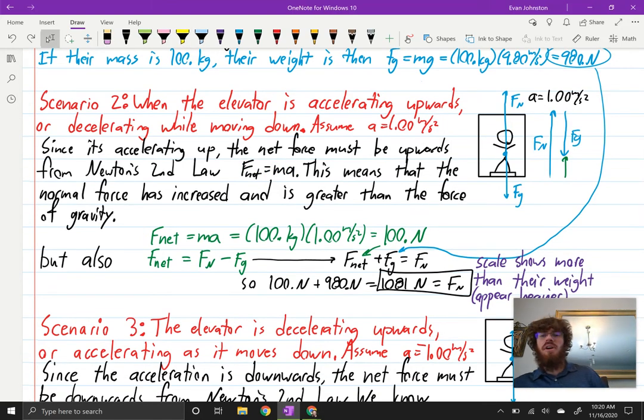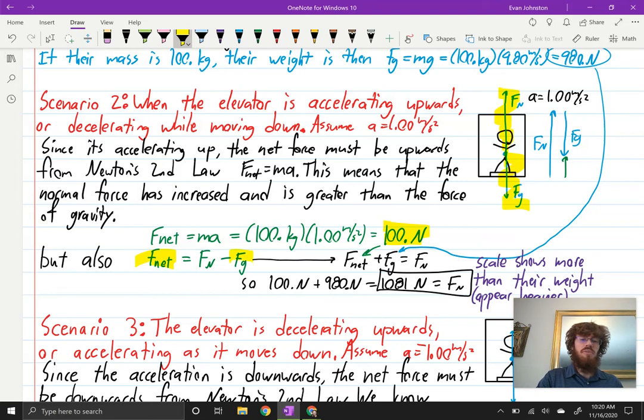But now we also know that the net force, writing it out symbolically, is the difference between this force and this one. So instead of just writing the net force is ma, we're getting in the practice of writing the net force as the difference between the forces actually acting in this scenario. And the neat thing is we already know the left side. It's 100 newtons, right? And we know the force of gravity.